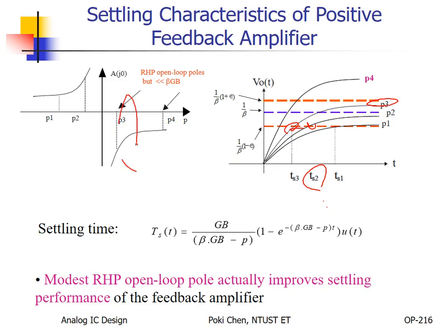A little bit to the right helps, but not too far away. I mean, this is not too far away from the boundary. You can see, not only can you enhance the gain, because this is positive feedback, the gain will be boosted, but also the settling time will be enhanced. Bingo. Okay? That is a rare case.